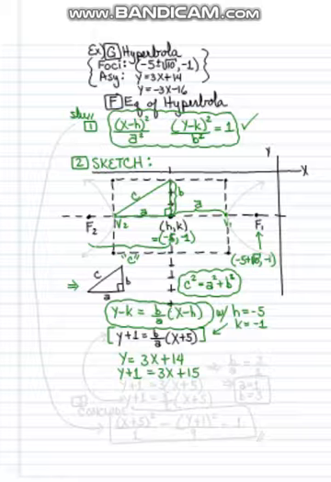And now I want to get a parenthesis on the right side with x plus 5, so I'll factor out the 3. y plus 1 equals 3 times x plus 5. And now I write 3 as 3 over 1. y plus 1 equals 3 over 1 times x plus 5.